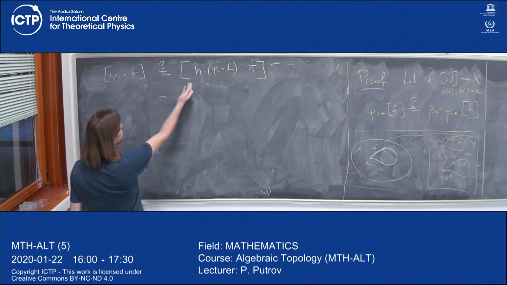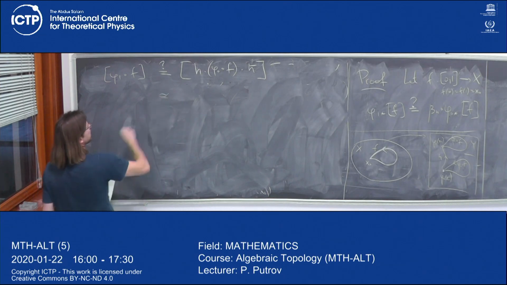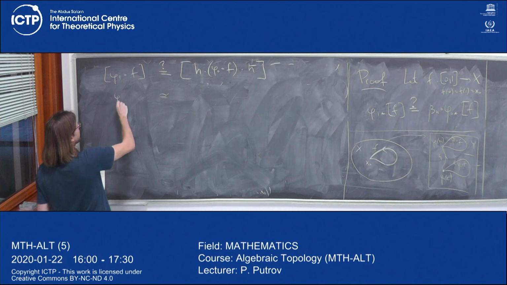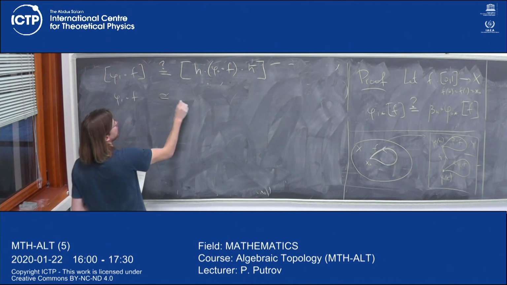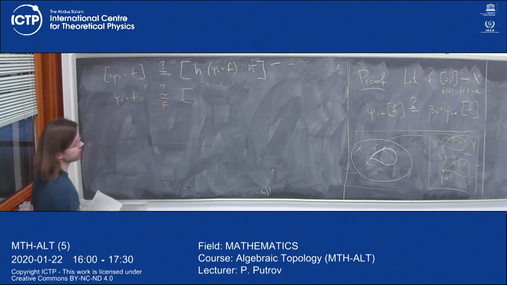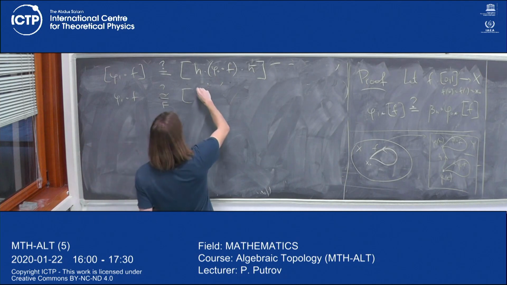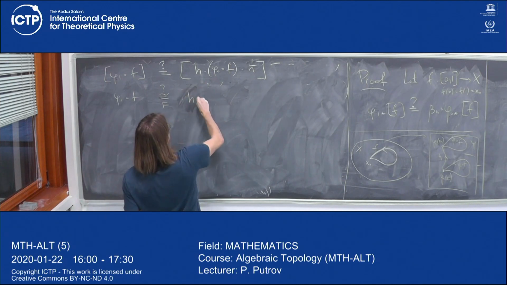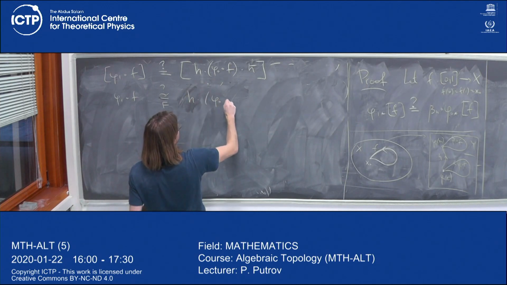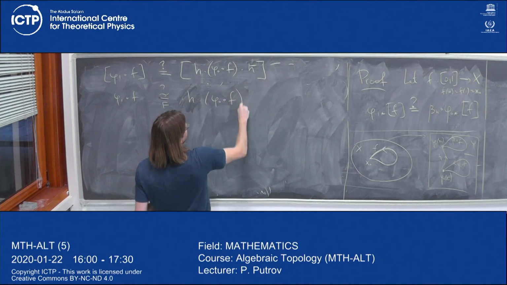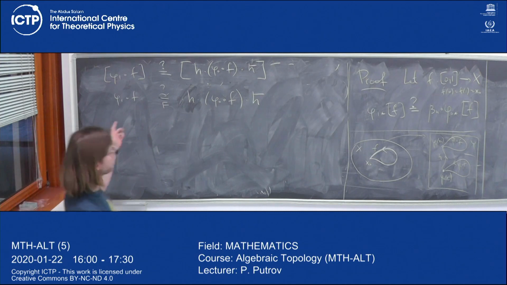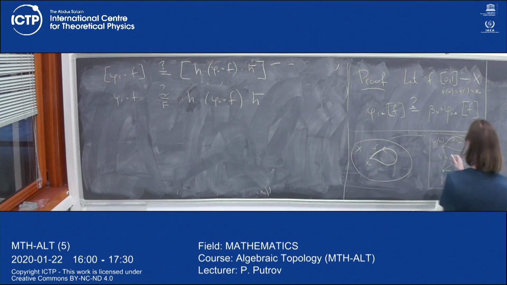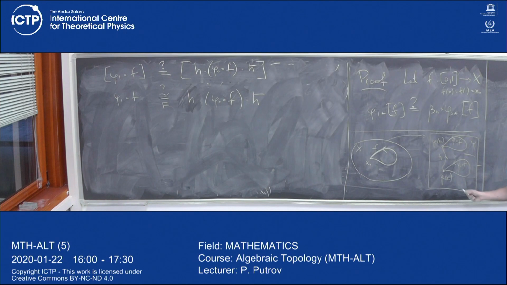So of course, to check that the classes are the same, this is equivalent to checking that these two paths are homotopic to each other. There is some path homotopy, which relates these guys. So the left-hand side is just this path here, and the right-hand side, what is this?